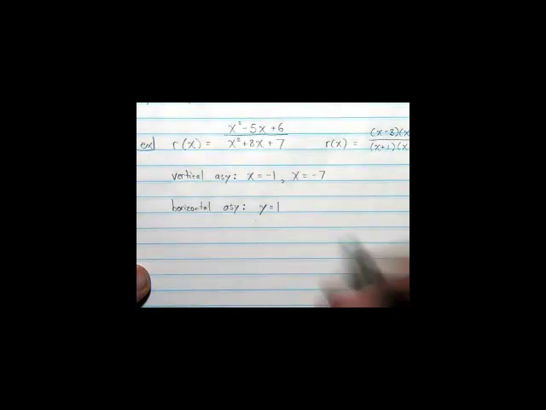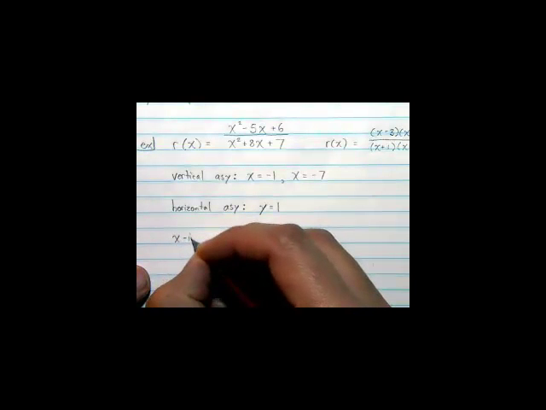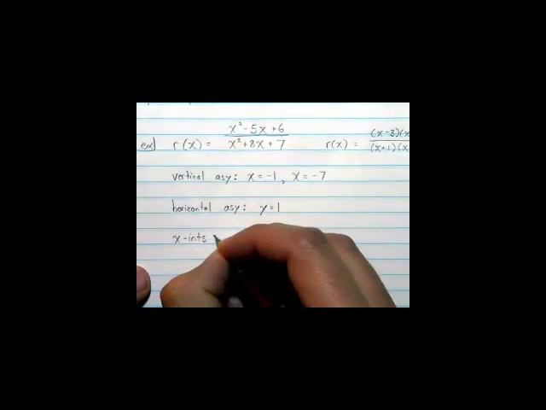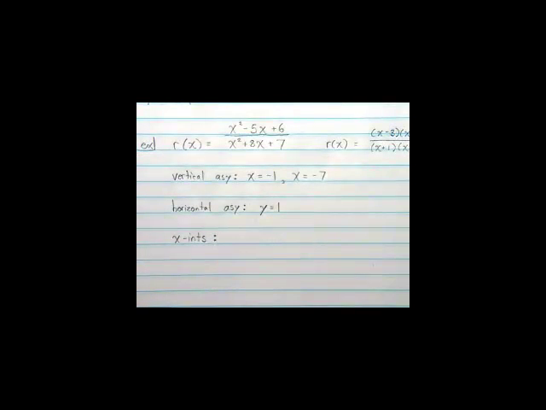Let's see, x-intercepts. So x-intercepts, we said that's where f of x equals 0. So where do I want to look for that? The factored one. Yes. F of x is the numerator.